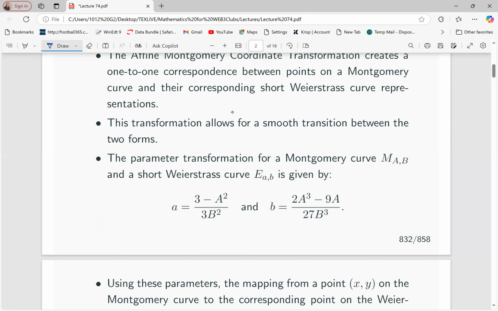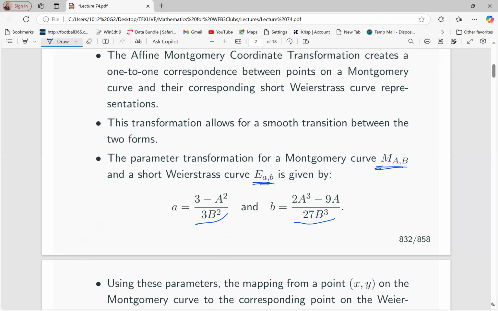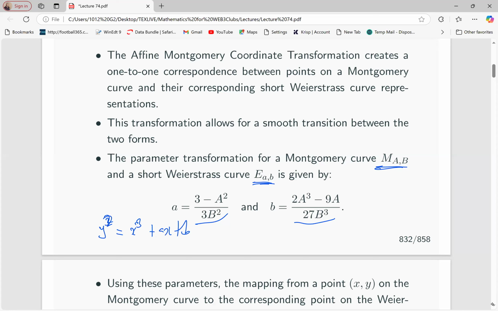So if you're given this Montgomery equation and you want to get the short Weierstrass, the first thing you would do is find the small a and small b. Now, using these parameters, this time we want to get x and y, in y squared equals x cubed plus ax plus b. This time we're not interested in the constants.